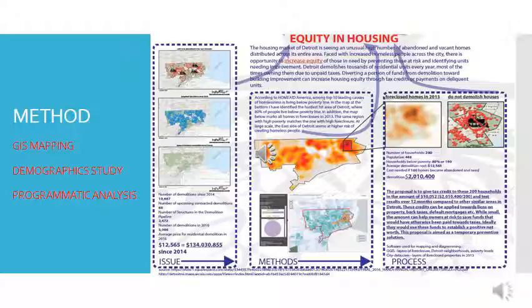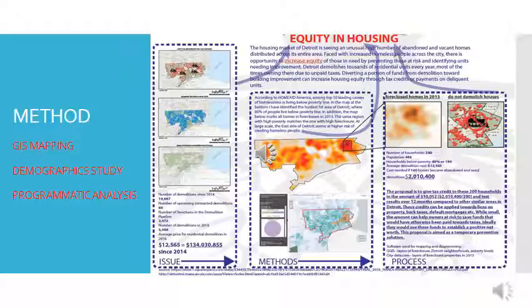After the first poster, and after gaining some valuable insight into the existing conditions of the housing market in Detroit, I focused even more on housing equity and what preventative measures can be taken to avoid an increased amount of homeless people and abandoned homes or foreclosed homes.